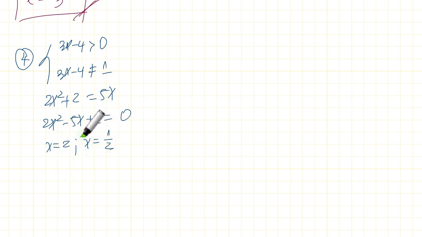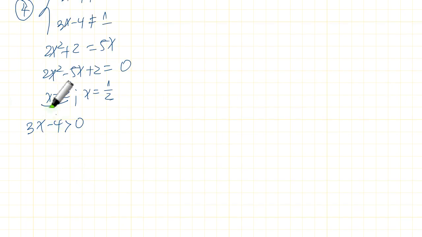So now we can replace here. Let's check this here, okay? First of all, 3x minus 4 greater than 0. Let's see for x equals 2. So we're going to have here 6 minus 4 greater than 0, and 2 is greater than 0.